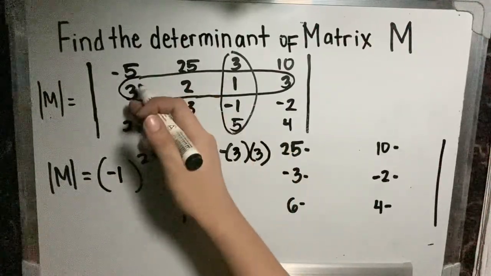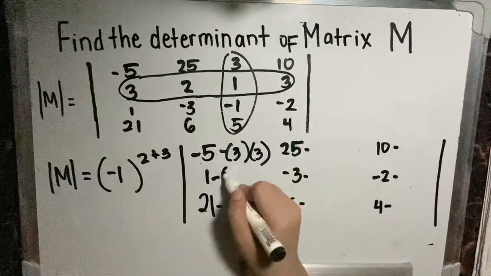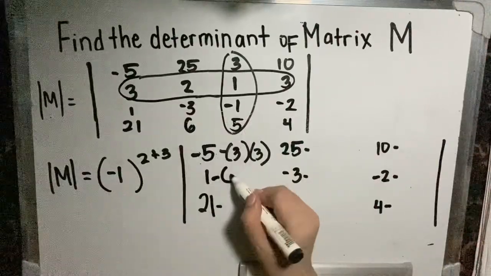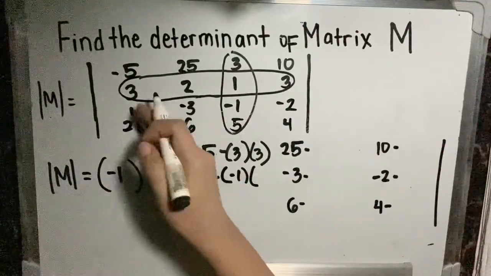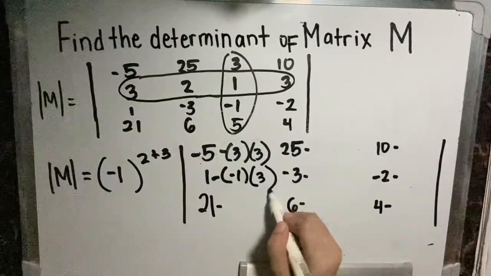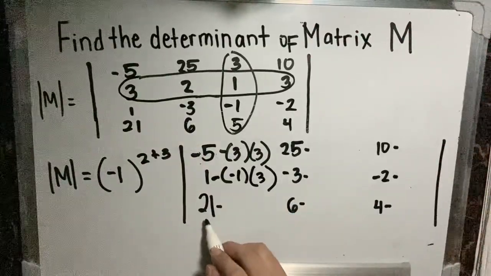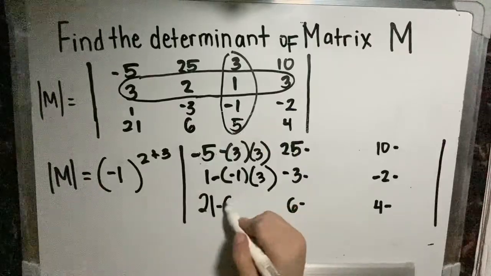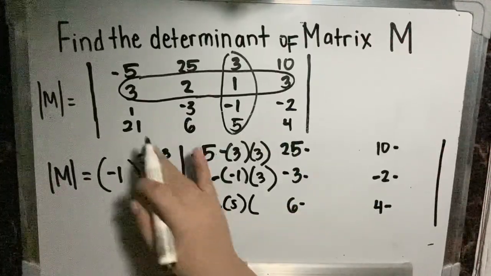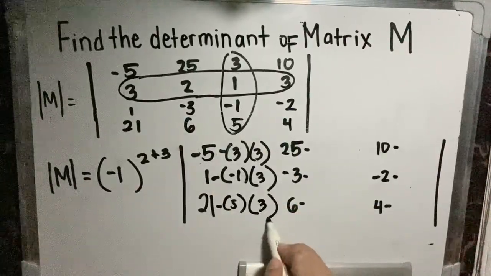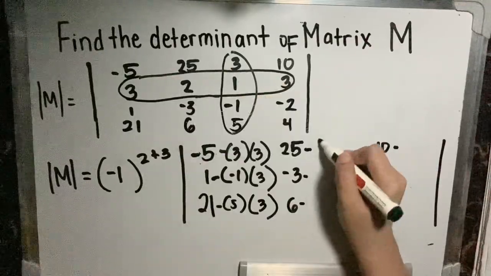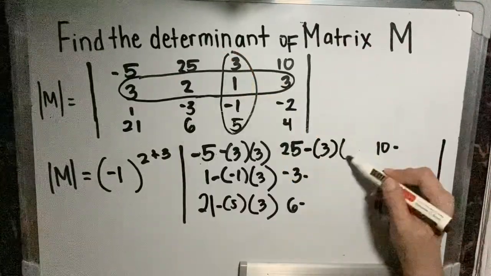Next, 1 minus the product of negative 1 and 3. 21 minus the product of 5 multiply by 3. And the next, 25 minus 3 multiply by 2.